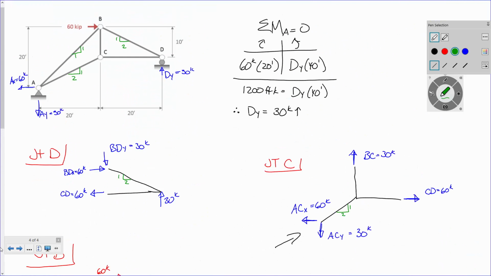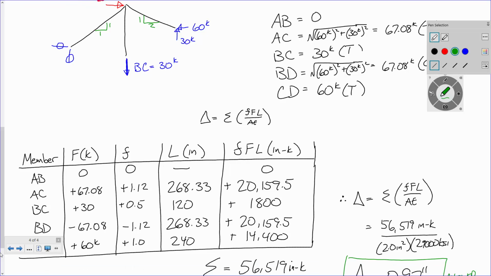All right? So let's say I put a downward 1 kip load on C, so it's going down. Okay? If I do my analysis and I get positive, positive, negative, positive, then that means I assumed the correct direction.